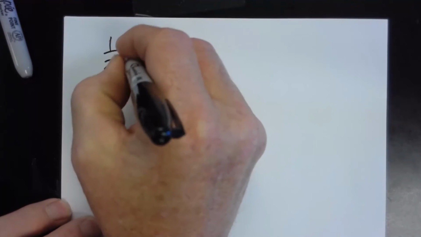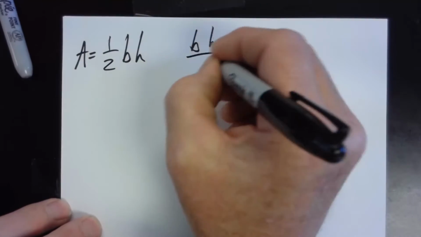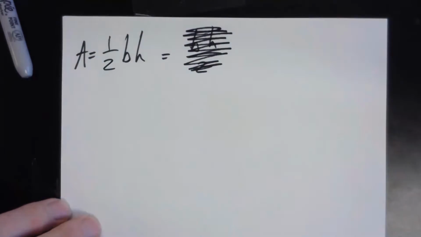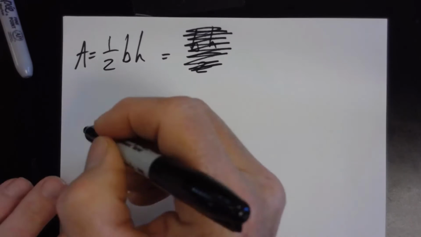Yeah, sorta. Maybe we divide by 1/2. 1/2 times base times height. Ooh, I like that. Sometimes I hear base times height divided by 2, which is okay, but we're big boys and girls now. We're in algebra. It's half the base times the height, and I'll show you why.